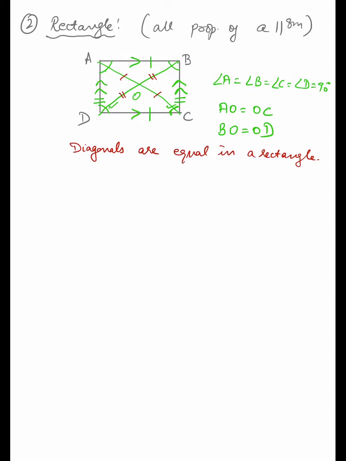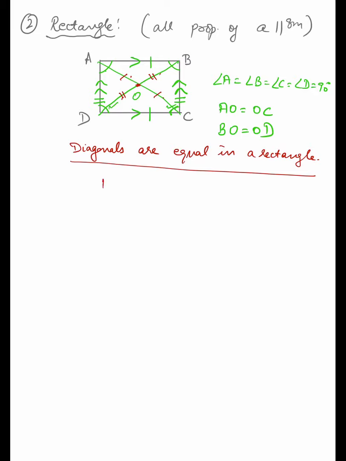Now the third figure. So have you understood all the properties? Now when I say the diagonals are equal, so AC and BD are equal, and moreover when I say AO is equal to OC, BO is equal to OD, it means O is the midpoint of AC.